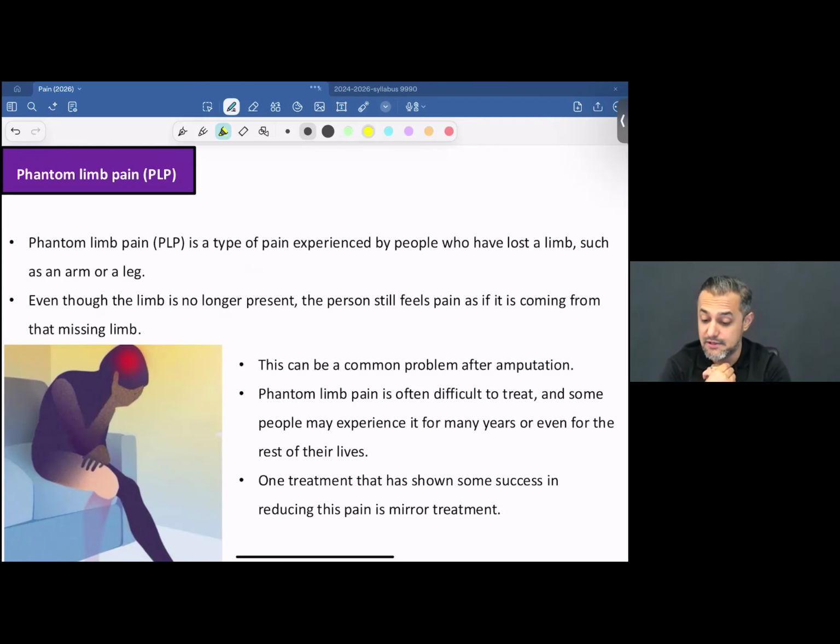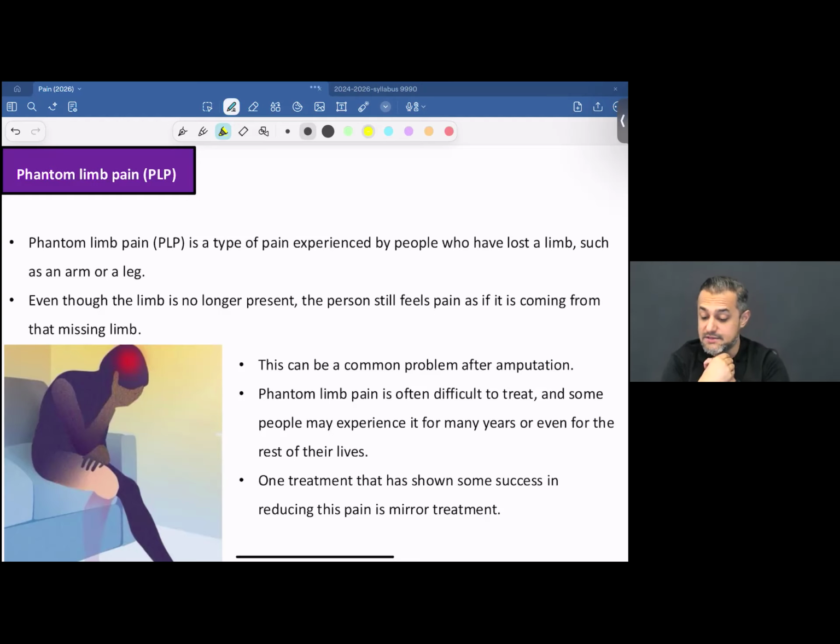Phantom limb pain is real, like I said, and phantom limb pain is bad because you don't really have a way to treat it. You don't have a usual way to treat it, let's make it like that. And medical science does not help you much when it comes to experiencing phantom limb pain.